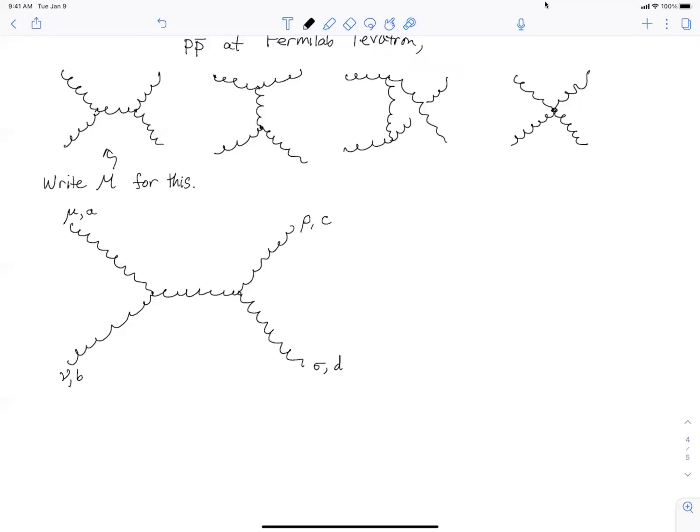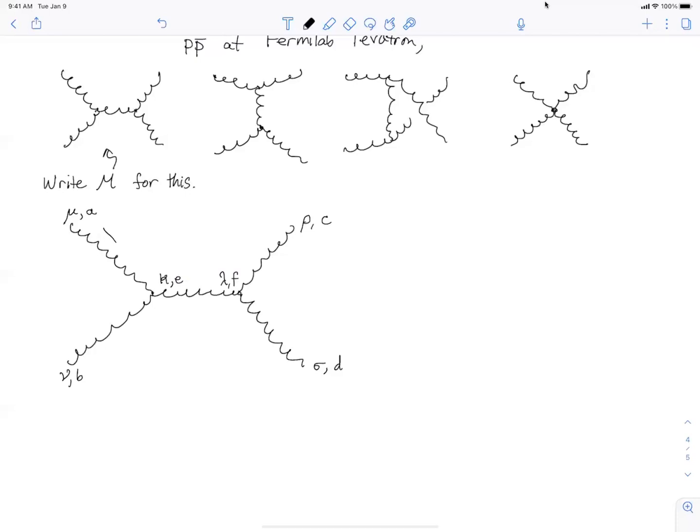Okay, one vector index, one adjoint representation index. And then this virtual gluon in the middle, I need to do the same thing. So there's going to be a kappa and an E and a lambda and an F. All right, and then I need to keep track of all their momenta.